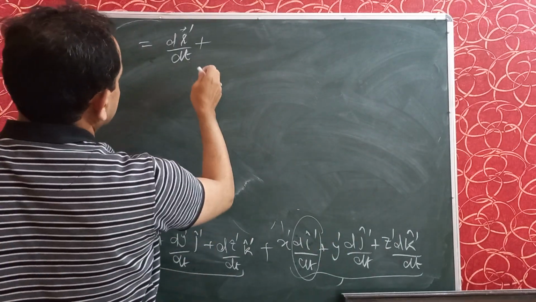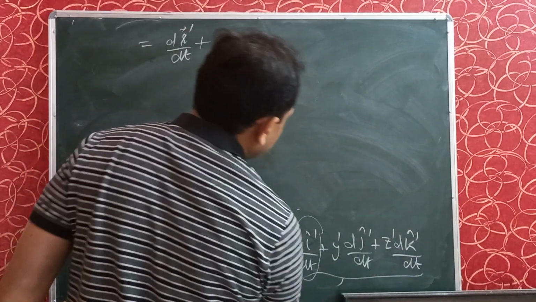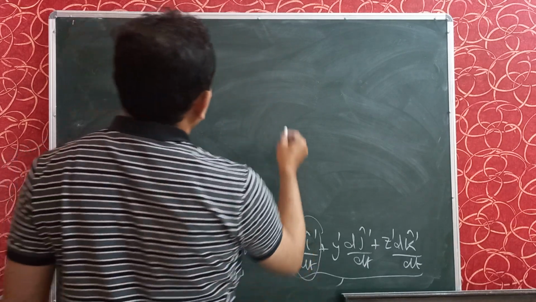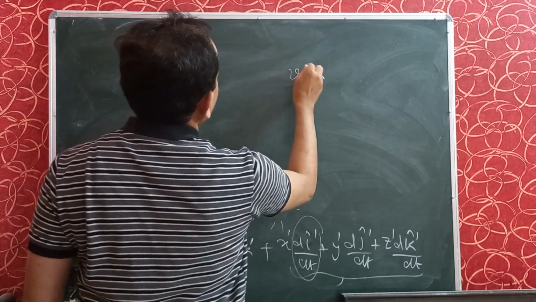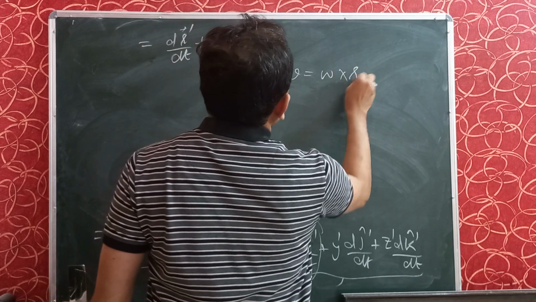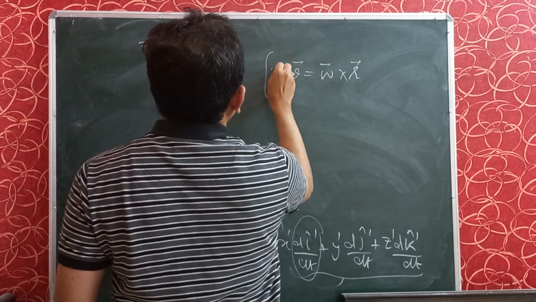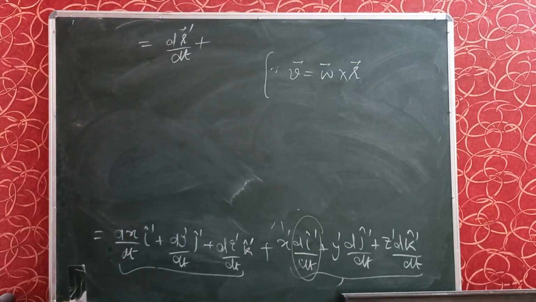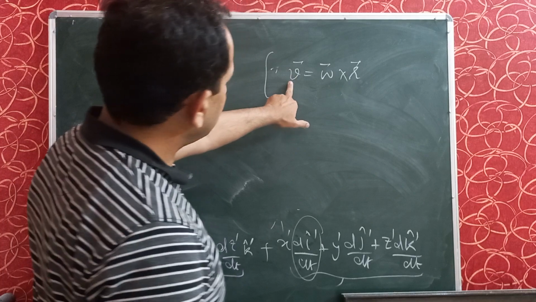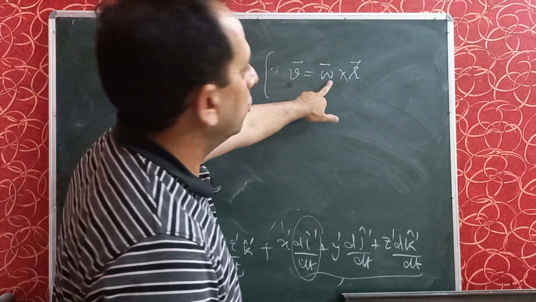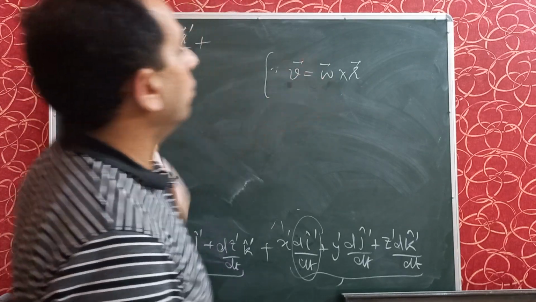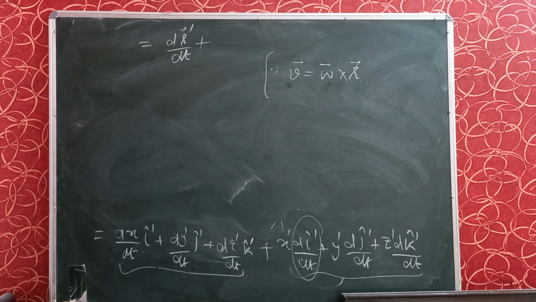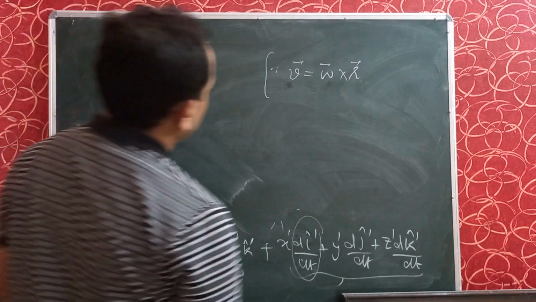So, we may solve this by a different method, where we will solve this di dash upon dt by using the formula velocity is equal to omega cross r. We know that this formula is the relation between velocity in translation motion and velocity in angular motion, linear velocity, angular velocity formula. So, you have read this formula in your classes.